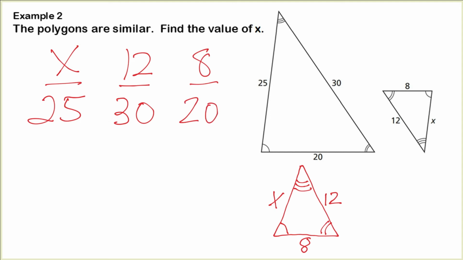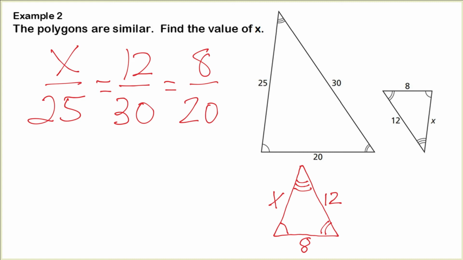Because we already know that these triangles are similar, we know that all of these fractions are going to be equivalent. So what I need now is I'm going to find the scale factor, and I find the scale factor by reducing the fractions.